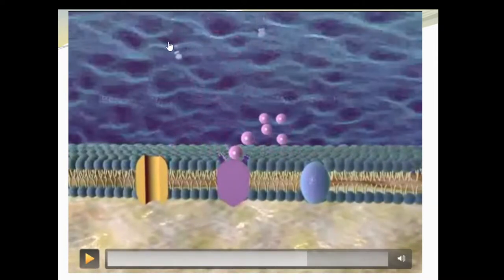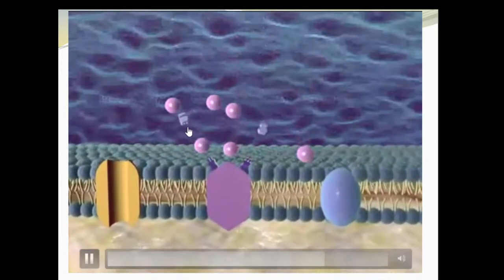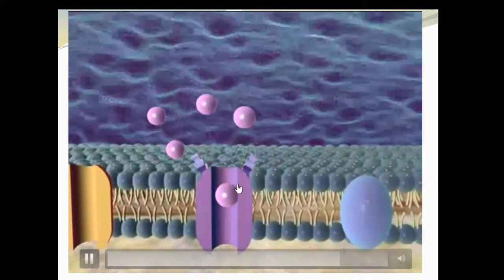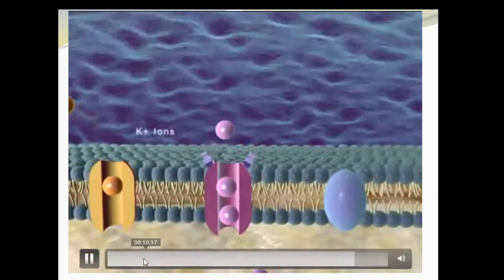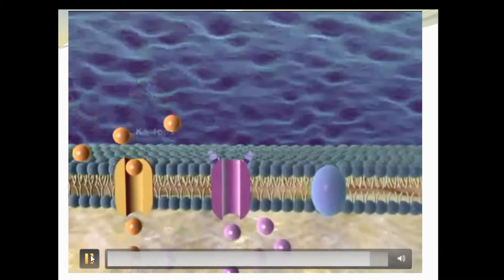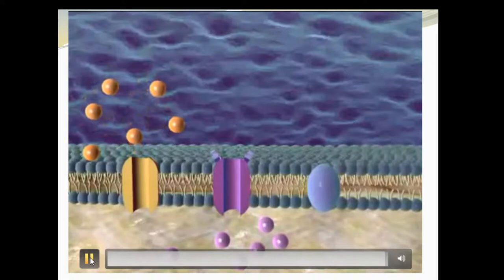So you can see here the drug or ligand is coming and will bind it and show a response. The drug's binding may open or close the ion channels to allow or prohibit the movement of ions into the cell. In nerve cells, for example, movement of sodium ions into the cell usually excites the cell. Movement of potassium ions out of the nerve cell inhibits nerve cell excitability and function.